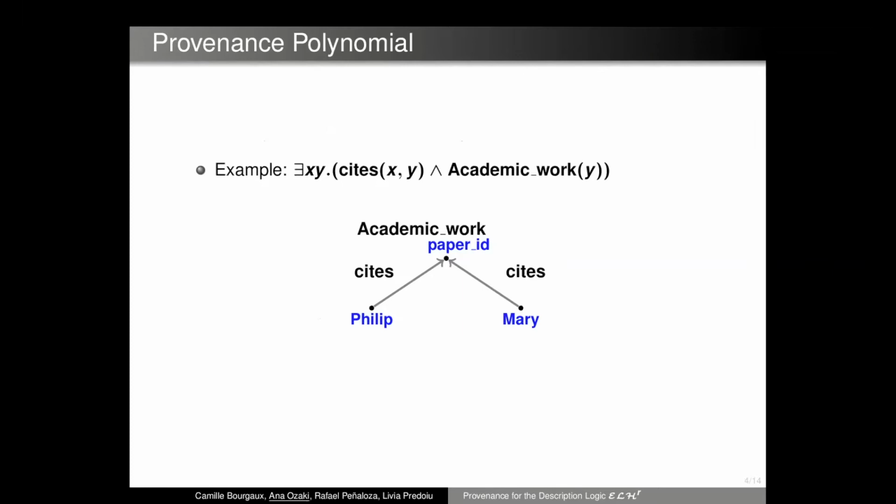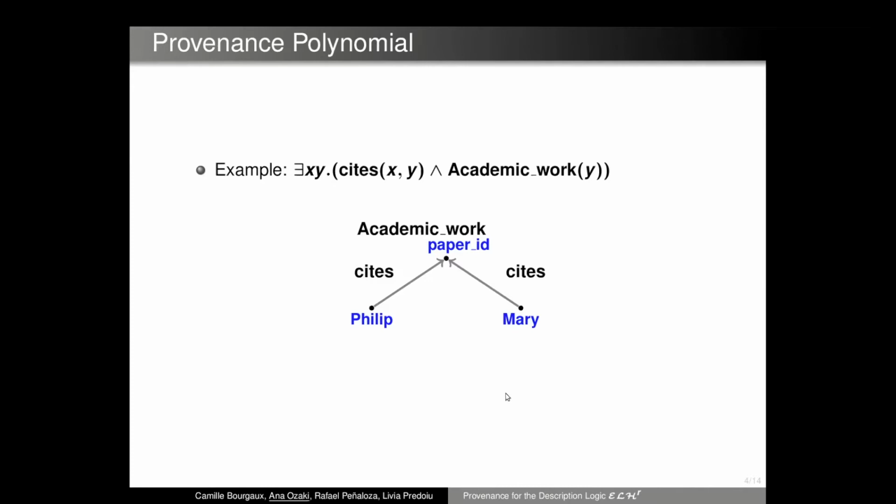So suppose here that we have a conjunctive query, exists X, Y, where X cites Y and Y is an academic work. And in our data, we have the tuples Philip cites paper ID, which is an academic work, and also Mary cites paper ID.